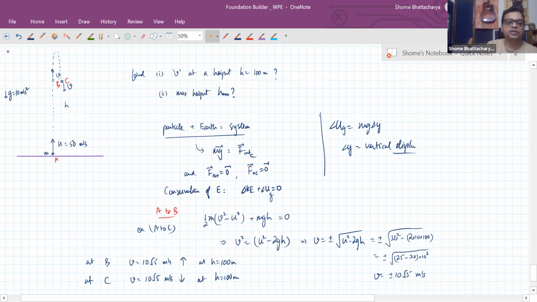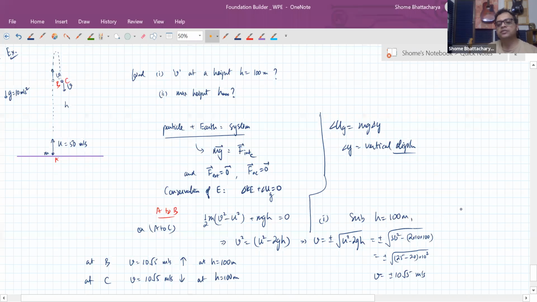You can use simply the work energy theorem here. Okay, I'll give you another example of how we can use this in projectile motion also, and you'll see it's quite effective. So at the moment, just write this down first, and work out the second part yourself. This is the first part. This is the general formula. For the first part, we are substituting h equal to 100 meters.